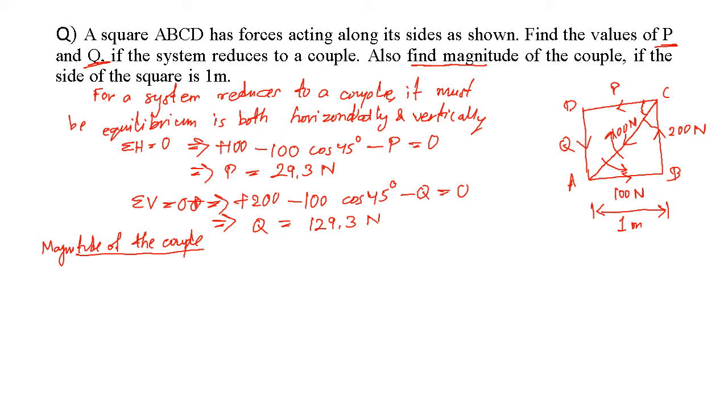What we are studying in the characteristics, number 2. Characteristic number 2 is saying, algebraic sum of the moments of the forces constituting the couple about any point is the same and equal to the moment of the couple itself.